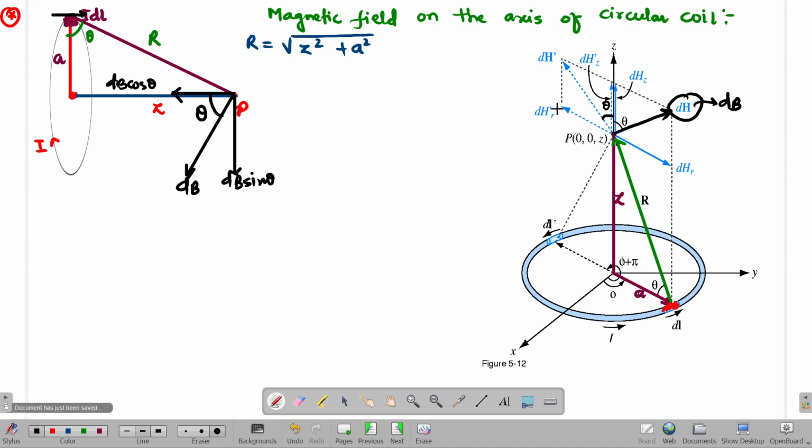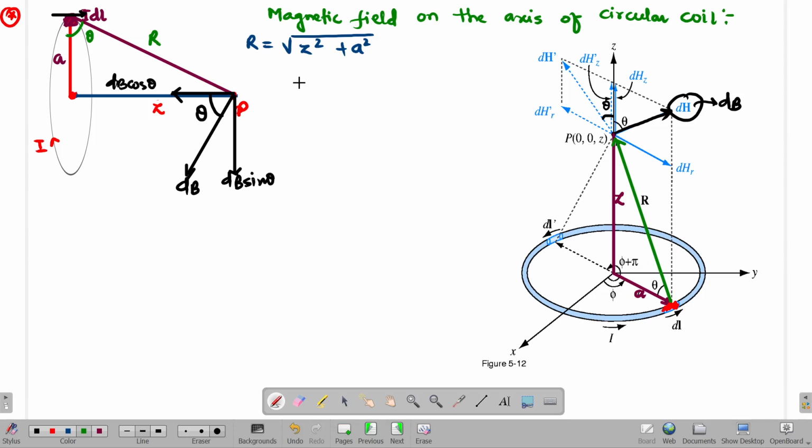That the perpendicular components, meaning the sine theta components, will cancel each other, while only the cos theta components exist. So look over here.